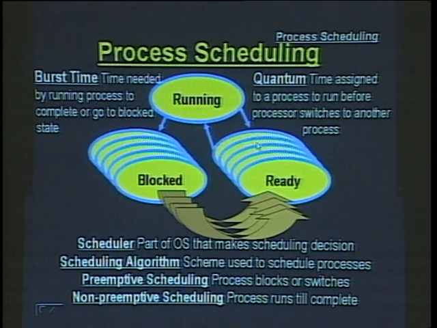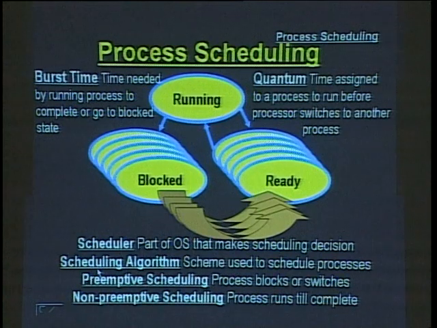Now, here we see there are a number of processes either in the blocked state or in the ready state. Our problem is how to select the next process which should be running. Out of these n ready processes, which process should be running? That part of the operating system which makes this scheduling decision is called the scheduler, and the scheme which the scheduler uses to schedule the process is called the scheduling algorithm.